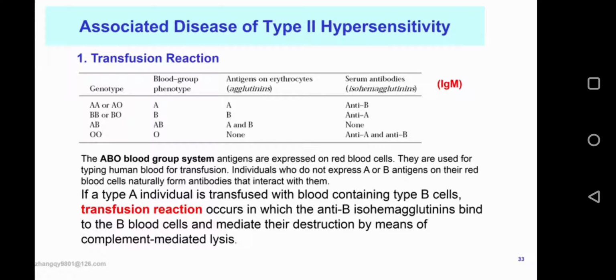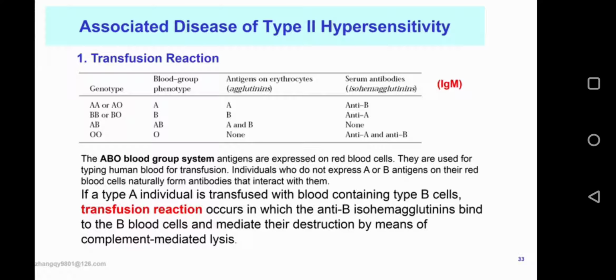So when the individual is a baby, they have A antigen and B antigen. But if they have red blood cells that are A, the anti-A B cell or T cell will die, right? When the baby is in the mother, the mother pregnant.